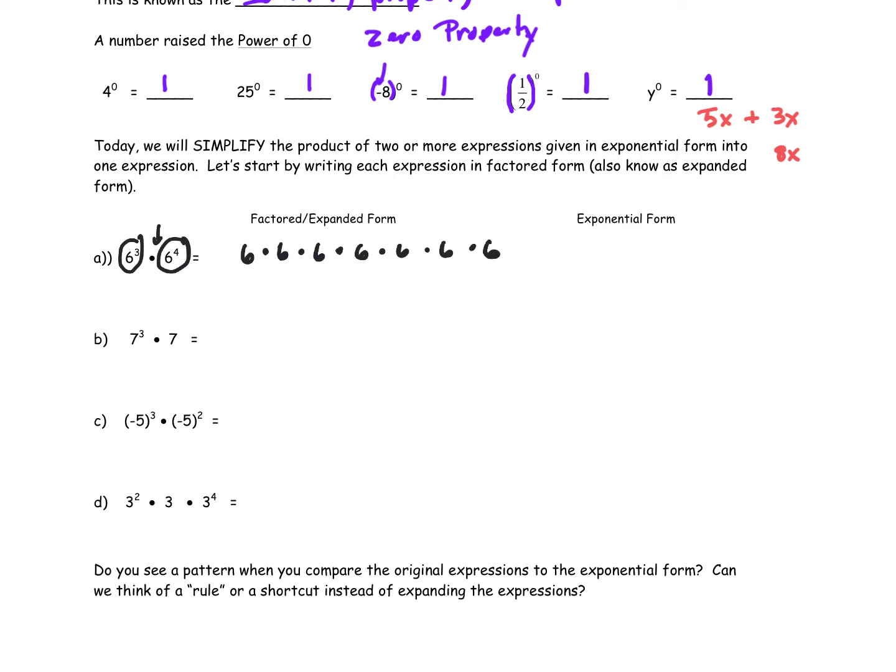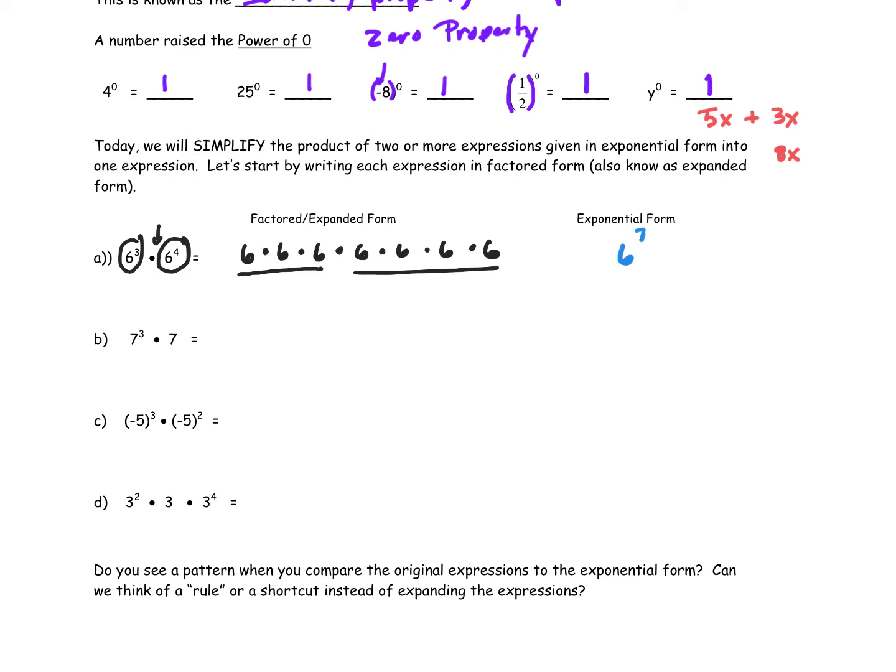This is the expanded form. This is the first expression, 6 to the third power, and this is the second expression, 6 to the fourth power. But since they all have the same base of 6, we can write this as 6 to the 1, 2, 3, 4, 5, 6, 7th power.